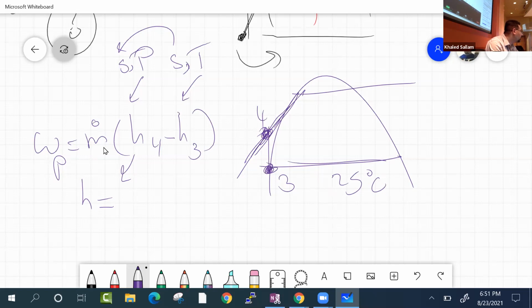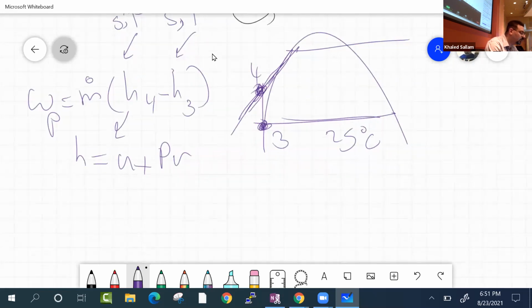You cannot look it up, you have to really think hard. No, it's not HFG minus HF. No, it's not online, people. No, it is U plus PV. The enthalpy is internal energy plus the flow work. PV is called the flow work.